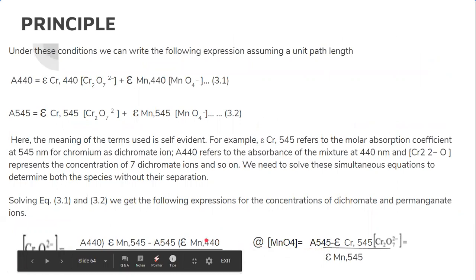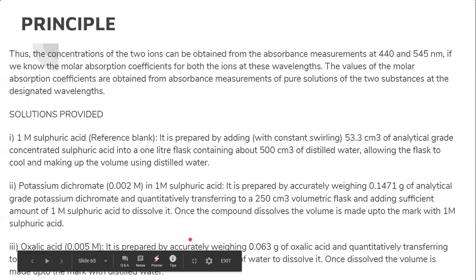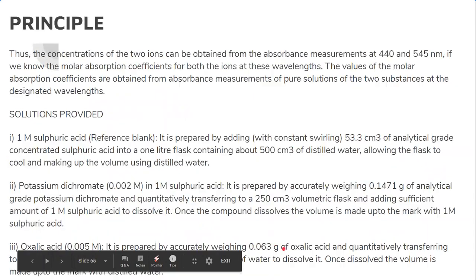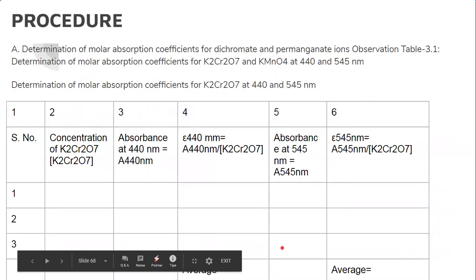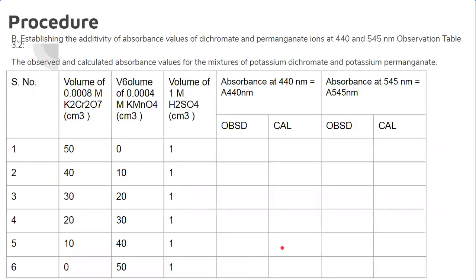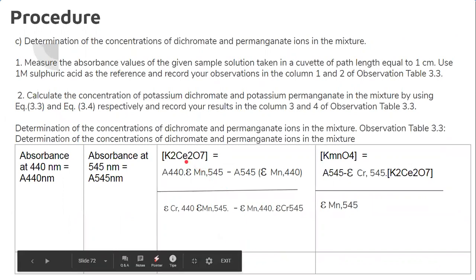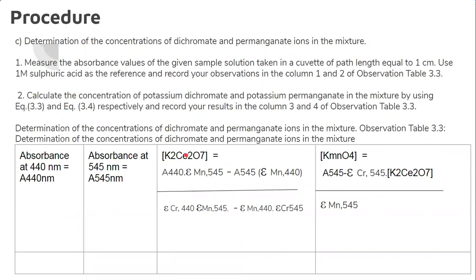Whatever values were obtained in step 1 and step 2 will be substituted in this formula, and thereby we can get the concentration, meaning the estimation of the amount of potassium dichromate and the amount of potassium permanganate. It is Cr, not Ce, it is chromium, Cr, make this correction. This is capital M, not small m, capital M.